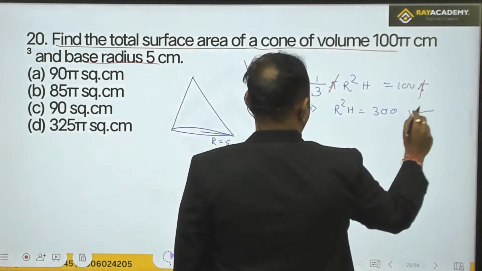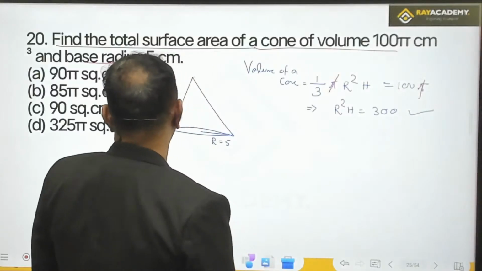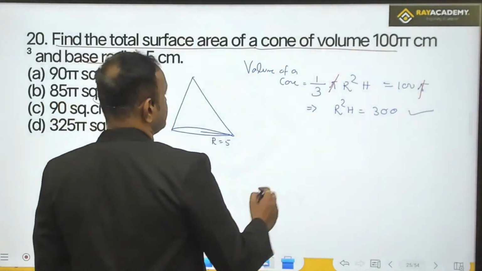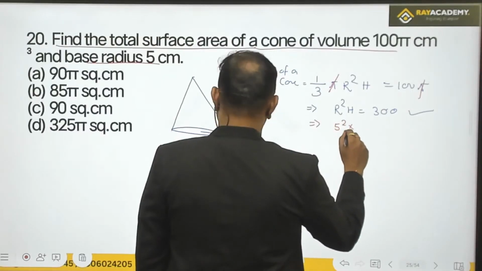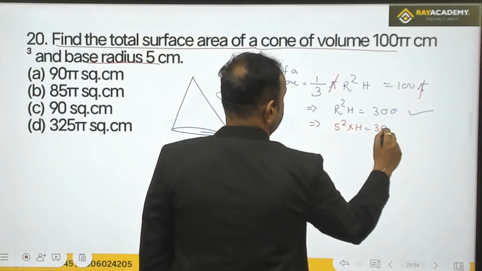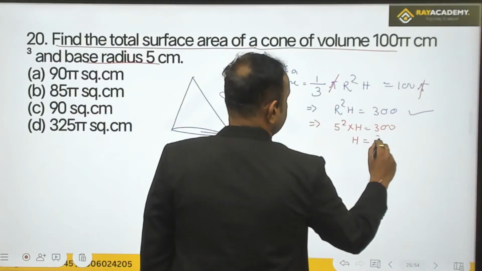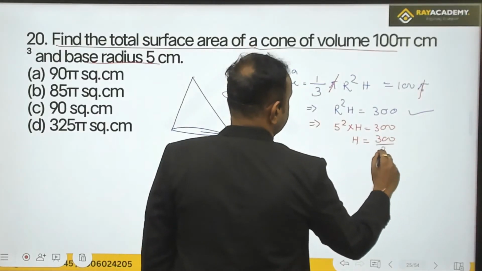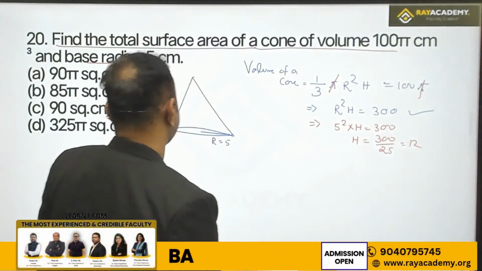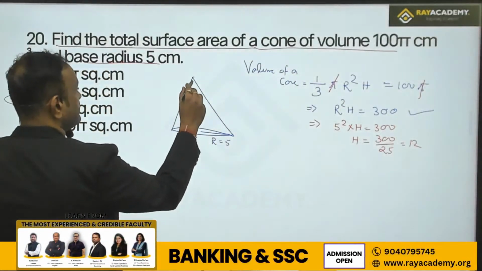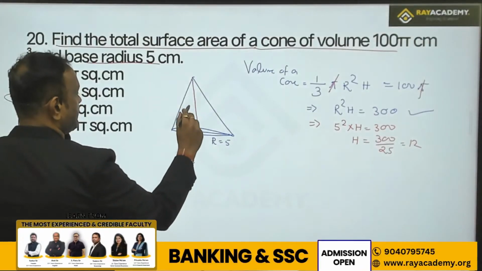The base radius is also given, so you can further do 5 square into h equal to 300. So h is 300 by 5 square, which is 300 by 25, that is 12. Height is 12.